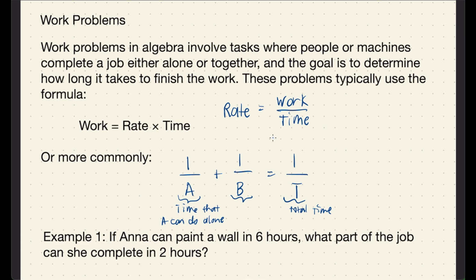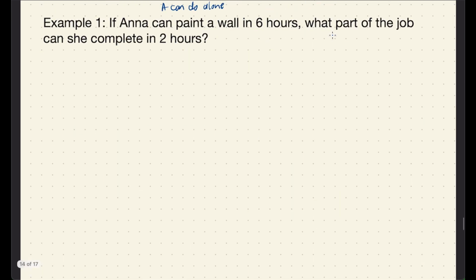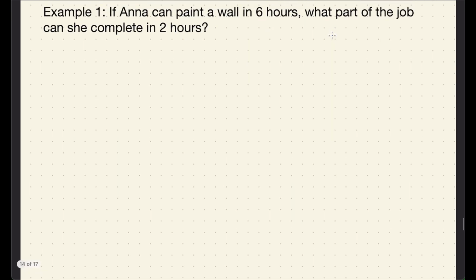We can try this, and to better understand this, let's try it with examples. Example number 1: if Anna can paint a wall in 6 hours, what part of the job can she complete in 2 hours? So we're still looking at the work is equal to rate times time formula. Anna can paint the wall in 6 hours, and you're being asked what part of the job she can complete in 2 hours.